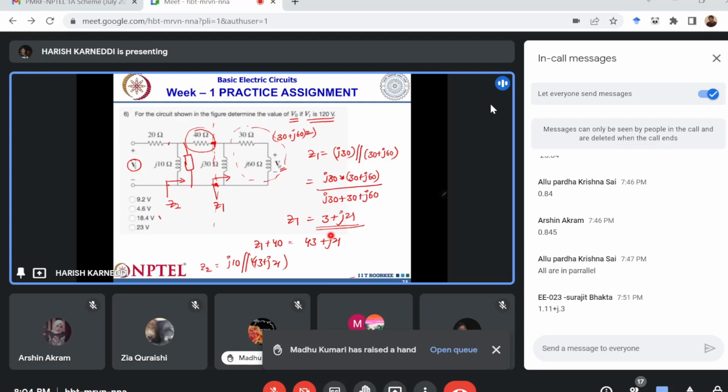This is 18 point something. Option C is the correct one.